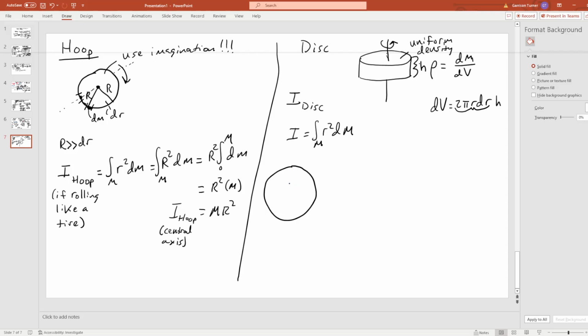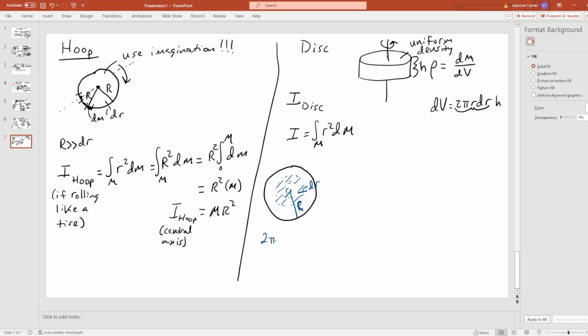If I have an area element of a circular part of the disk, this circular part has radius r, it'll have thickness dr, and I need to find an area element such that when I integrate around the entire disk, I get pi capital R squared if capital R is my total radius of the disk.